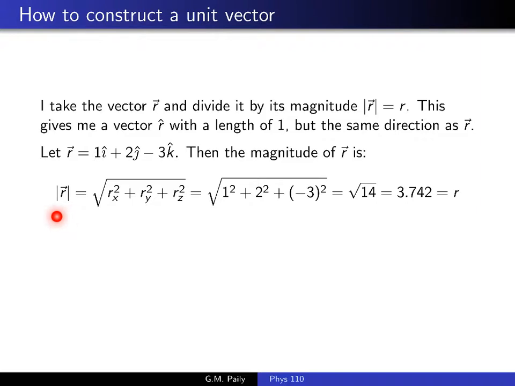Remember that the magnitude of a vector can also be denoted by writing the letter for the vector, but without the arrow. Now that we have the original vector and its magnitude, we divide the r vector by its magnitude, and this is now a unit vector.